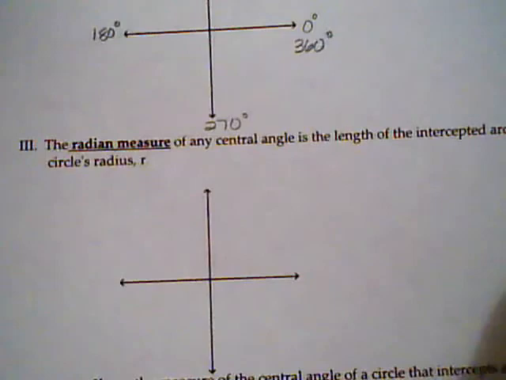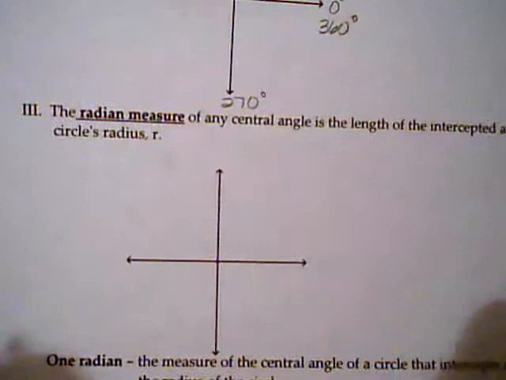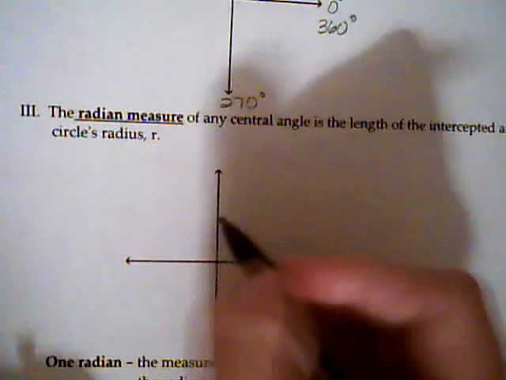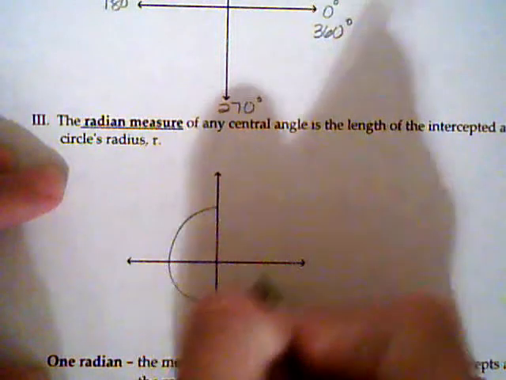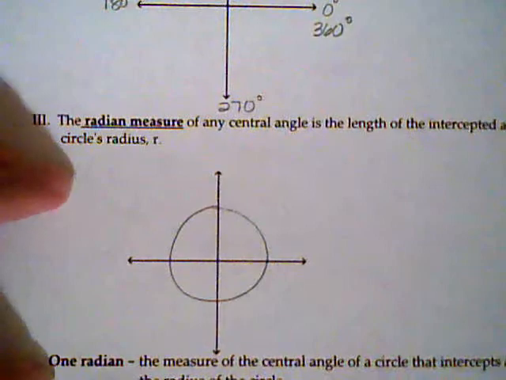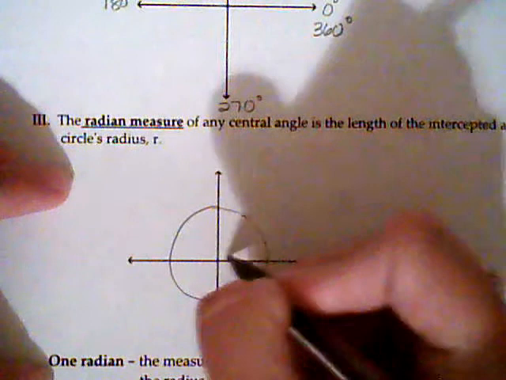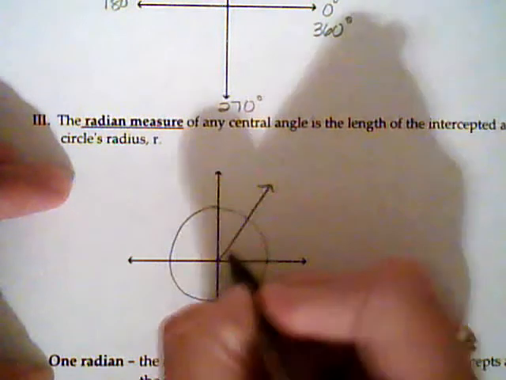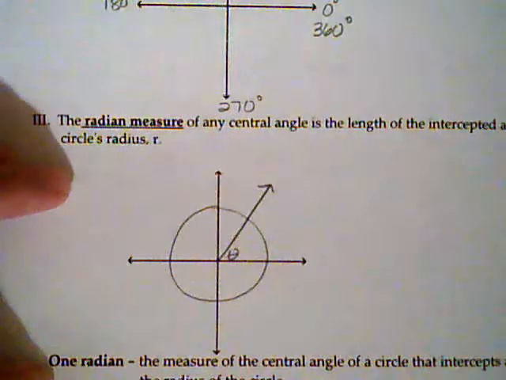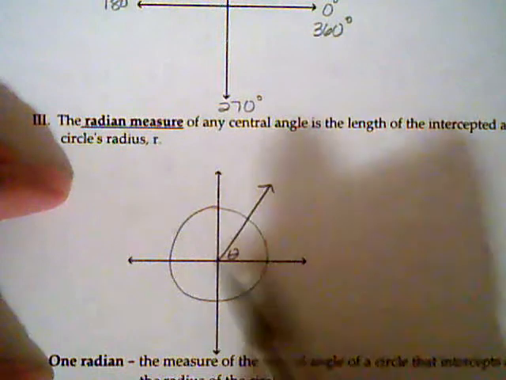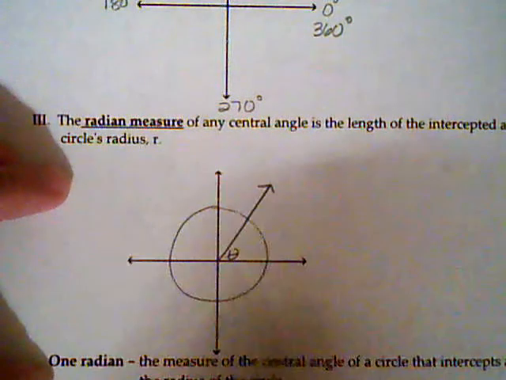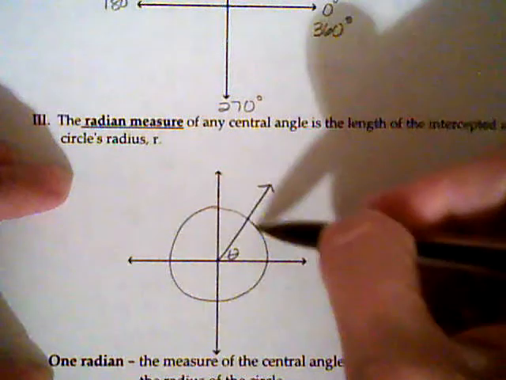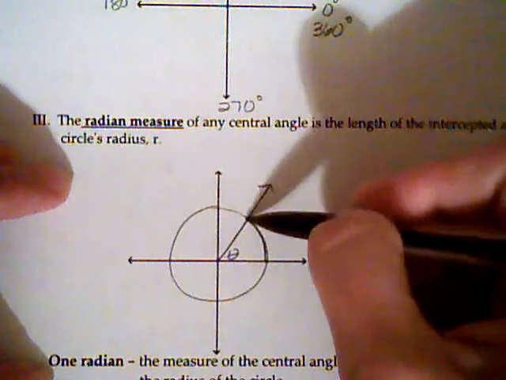So let's say we have a circle, and I'm just going to sketch it on the axes that we have here. Let's say this is my circle, and I have an angle that I will call theta. That angle is a central angle because its vertex is the origin, and that angle intercepts an arc, or a portion of this circle.